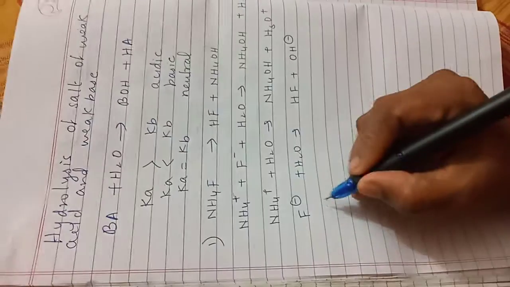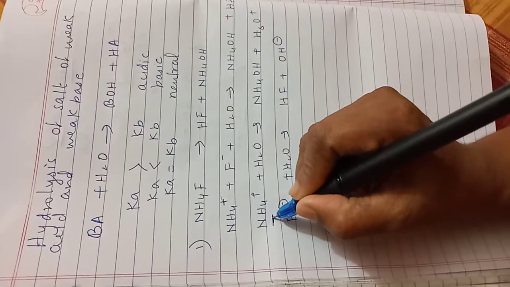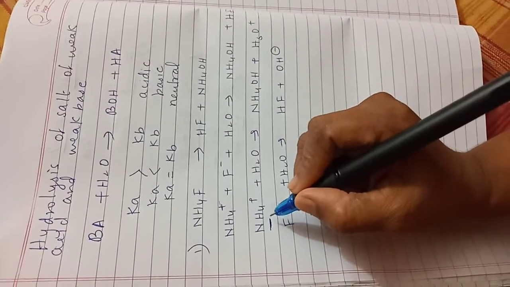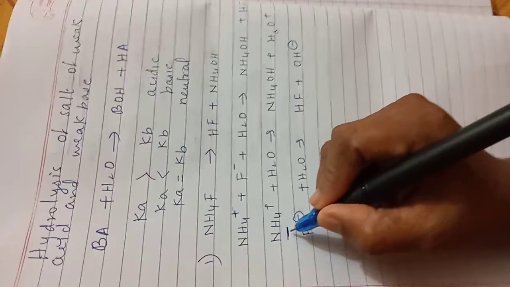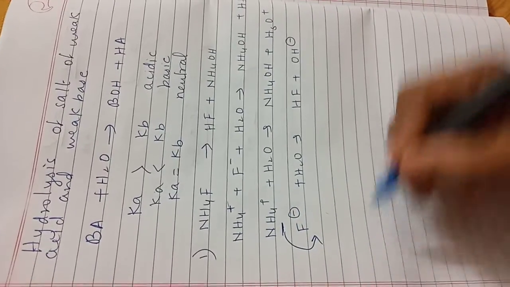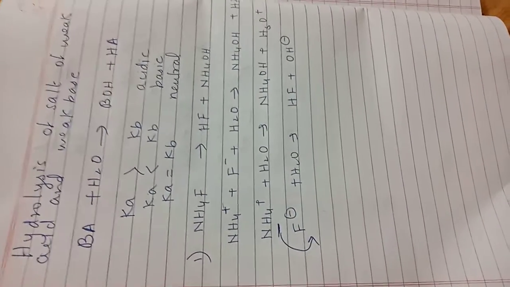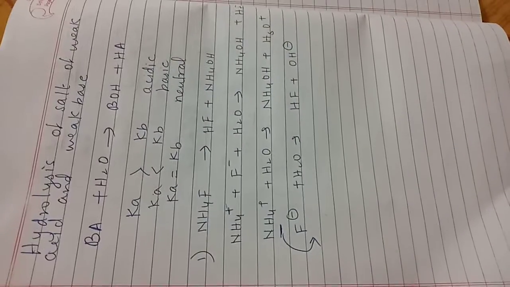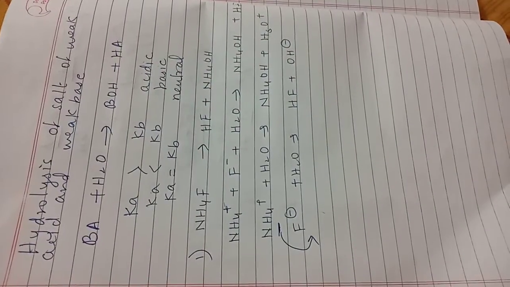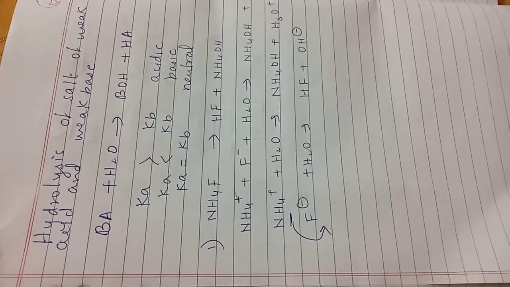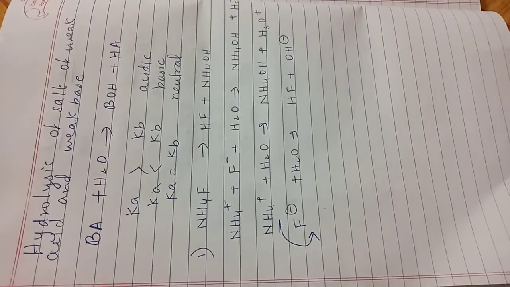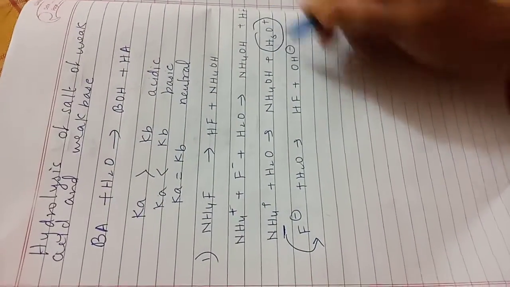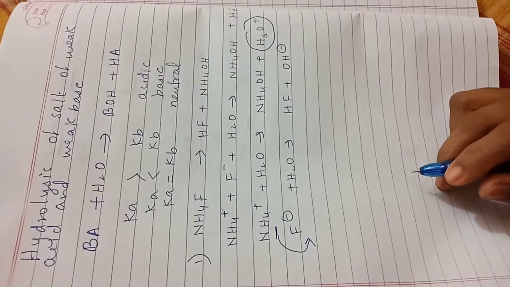But important is the dissociation of ammonium is faster than F minus. The rate at which ammonium ions react with water is higher. Hence, the amount of hydronium ions produced is larger.